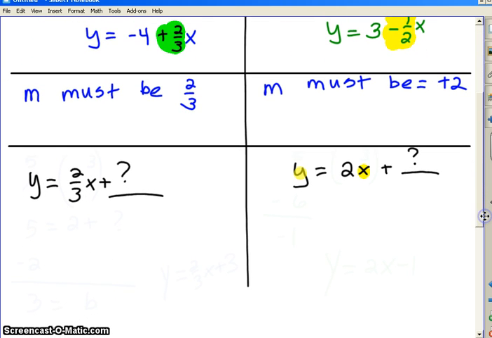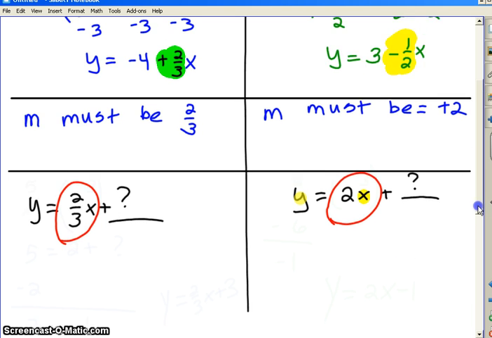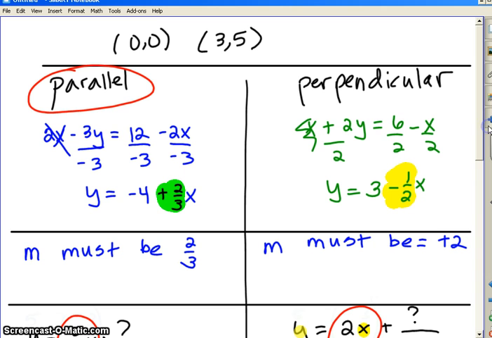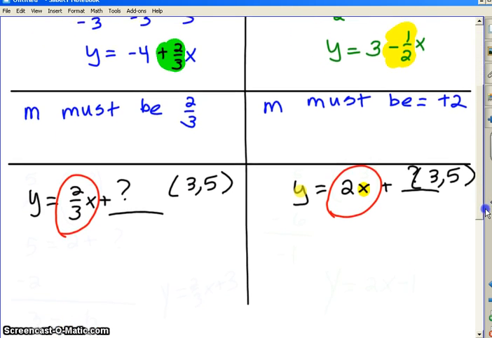So far, we have y equals 2/3 x for the parallel equation and y equals 2x for the perpendicular equation. All we need to know is the y-intercept on the line. So we're going to take this point, (3, 5), and use x and y off of that point.